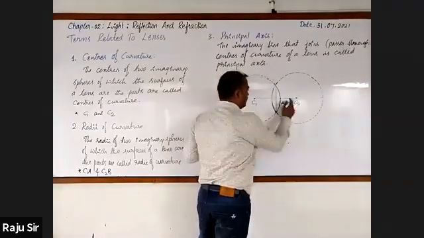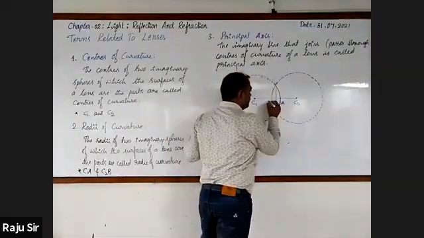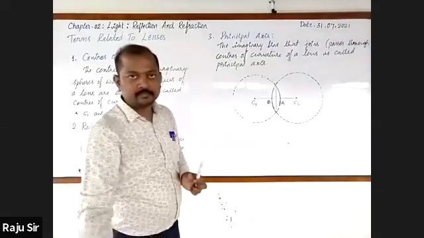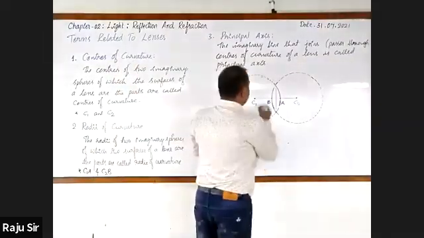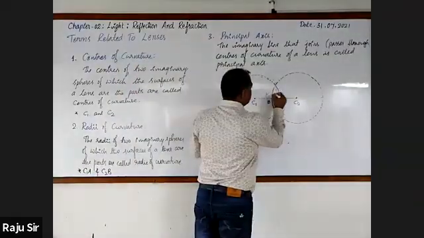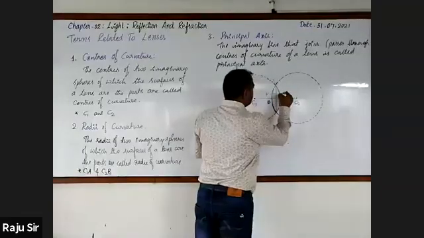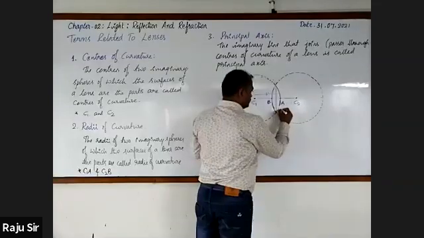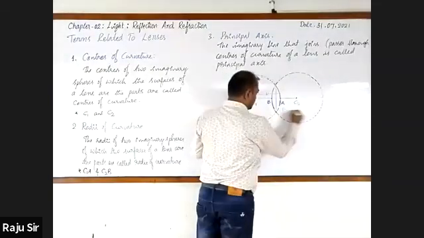C1 to A, and C2 to B, is another radius. Here, let me show you the radius of curvature. It is denoted by capital R, C1 to A, and C2 to B. Even this is also capital R.